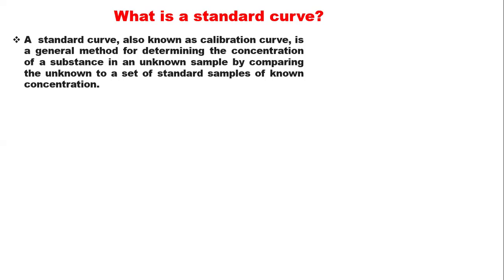After that, you will be given an unknown protein sample, whereby you will make serial dilution. That is in the second phase. You make serial dilution of protein X, then measure the absorbance of protein X, then determine the actual concentration of protein X. That will be the end of phase 2 of the experiment.